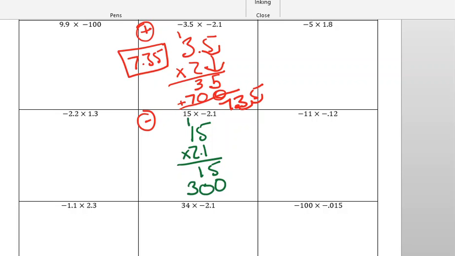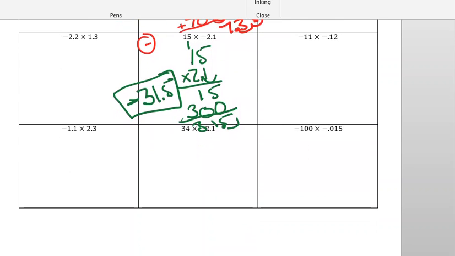And I'm going to end up over here with 315, because I only have one place to go in. 1 decimal point. So negative 31.5 is my final answer. And we'll continue down the middle. Let me quickly erase this.